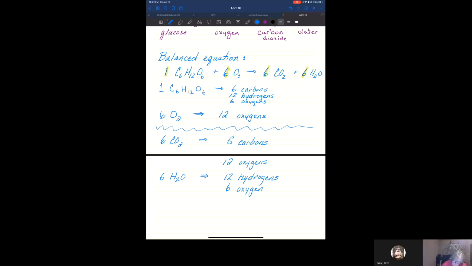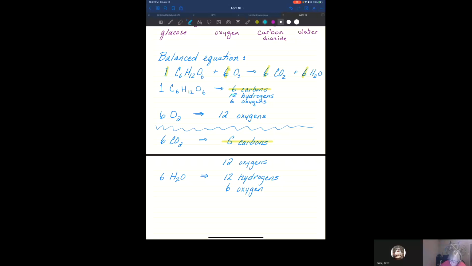If I go through and do a little accounting here, remember the top of the squiggly line here, those are the reactants. There's 6 carbons on the reactants side, and there's 6 carbons on the product side.